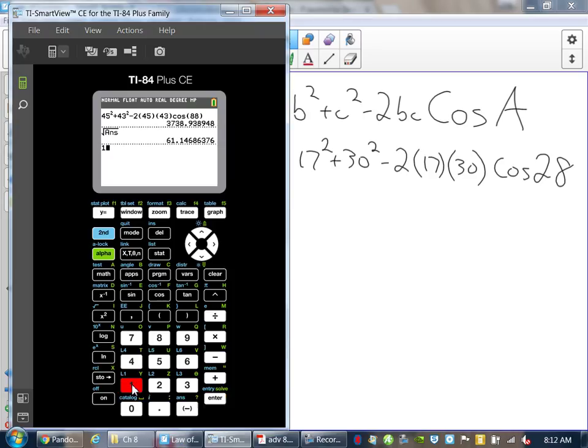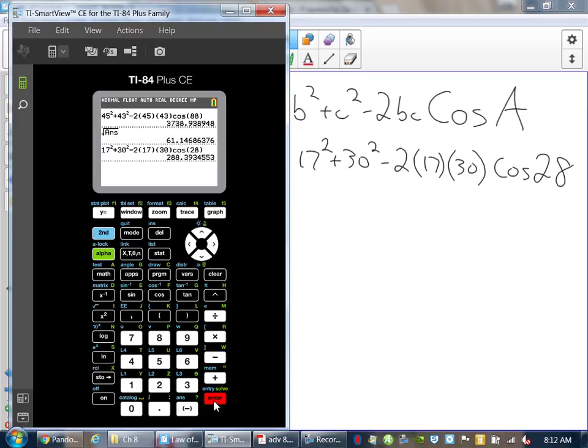So we have 17 squared plus 30 squared minus 2 times 17 times 30 cosine 28. That number equals a squared.